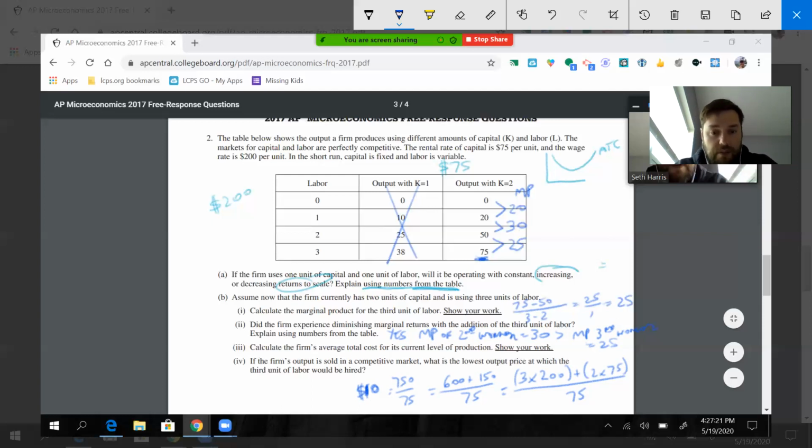Okay, part 4. If the firm's output is sold in a competitive market, what is the lowest output price at which the third unit of labor would be hired? This is a tricky one. Let me create some space here.